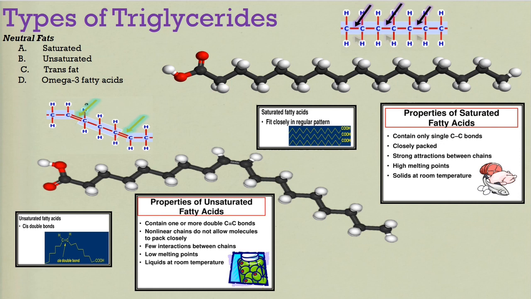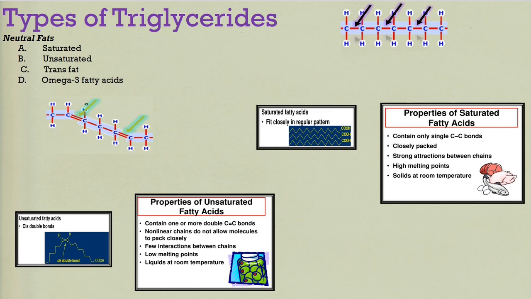That makes it a healthy fatty acid. And there will be few interactions between chains. It has a low melting point, and at room temperature, it is in liquid form. The most common examples of unsaturated fatty acid are plant oils: olive oil, sunflower oil, corn oil, and these are healthy fatty acids.